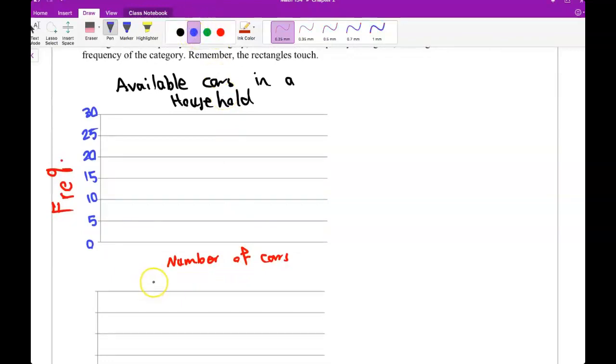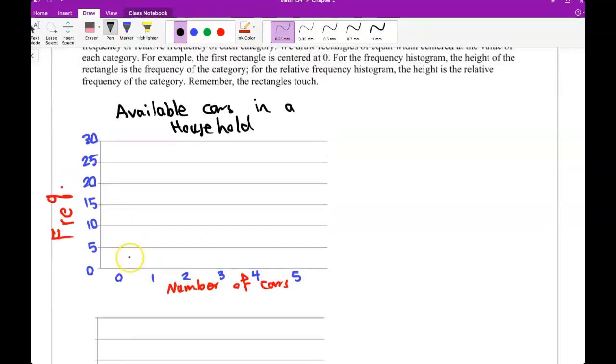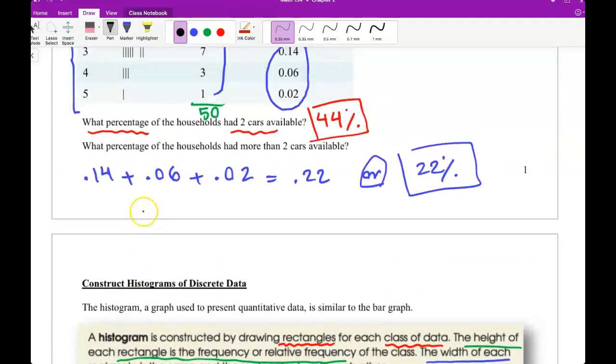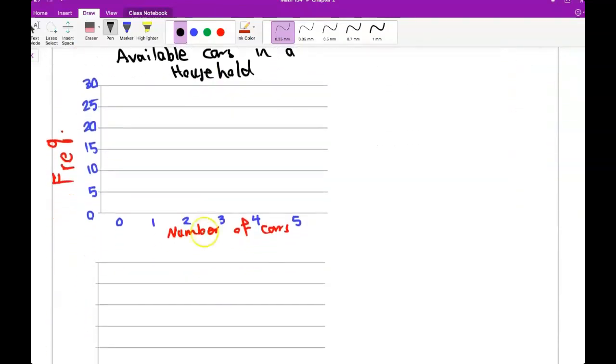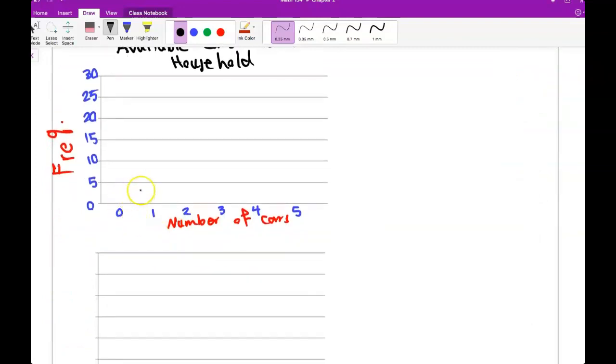Number of cars, we had 0, 1, 2, 3, 4, 5 cars. Okay, so here for 0 cars, frequency was 4. So that is 4.